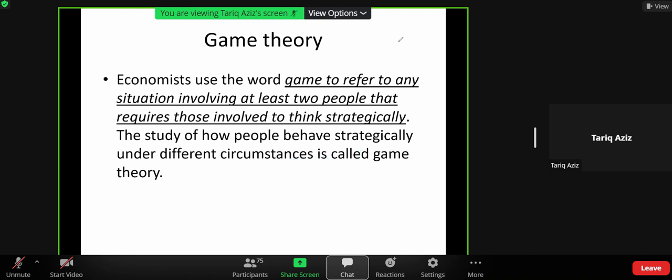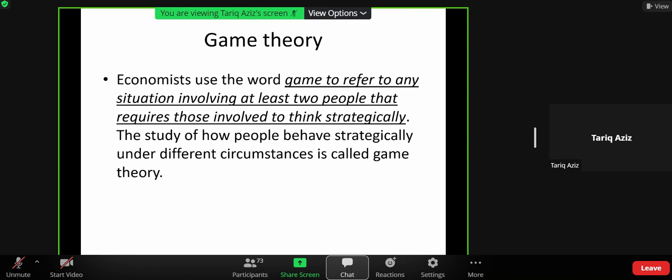And the objective of every business, most of the time, is to earn profit. There are some other possibilities also, but in most cases, profit maximization is the ultimate objective. When they play a particular game, their aim is to maximize their profit.